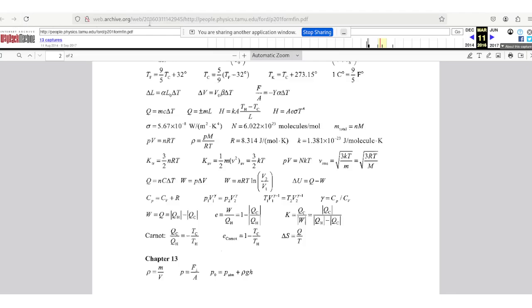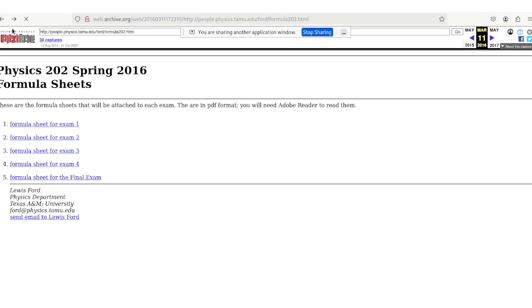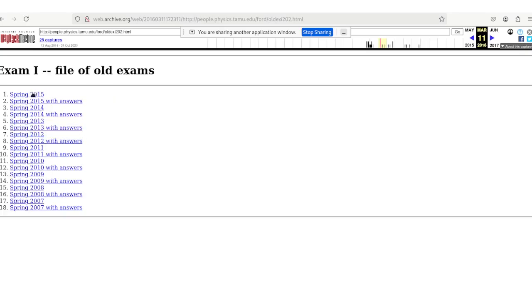Let's go back on this one. No, let's go back on this one. There's the format sheet. Oh, come on. Nope, don't go back more. Go forward. Old exam 1. Let's go ahead and grab the 2015.